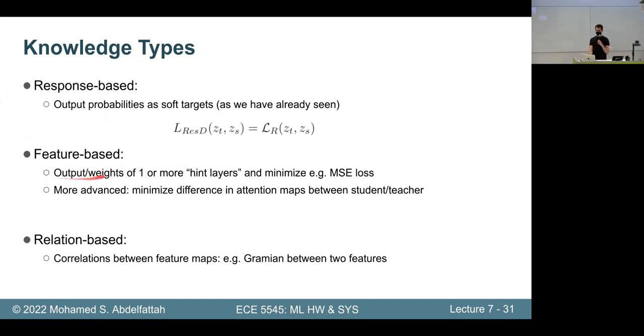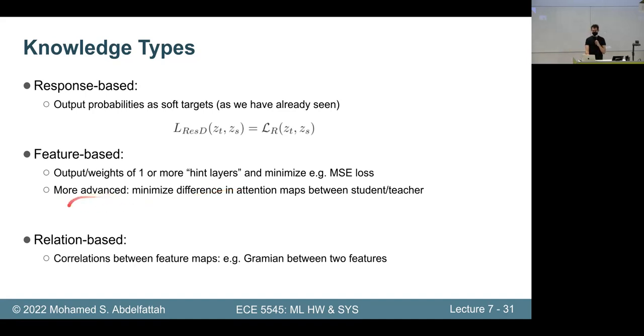But there's also feature-based. In that case, instead of using the final output, and specifically the softmax of the final output, you can use the output of multiple layers and minimize the distance between multiple layers in the teacher network and the student network simultaneously. Or you can even look at the weights themselves and minimize the distance between the weights in a teacher network and the student network.